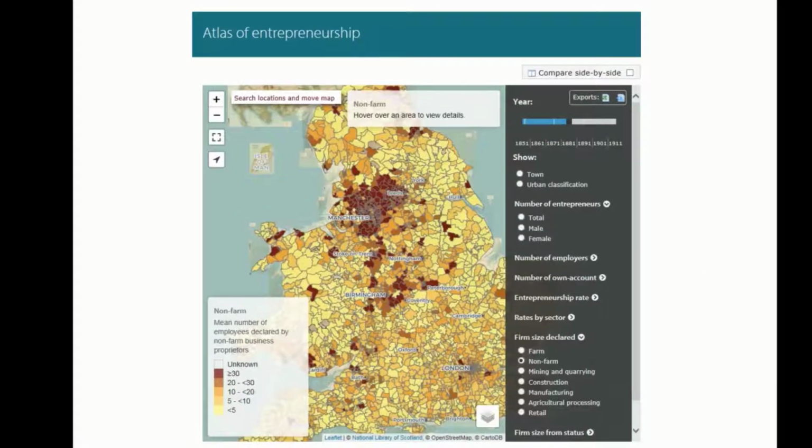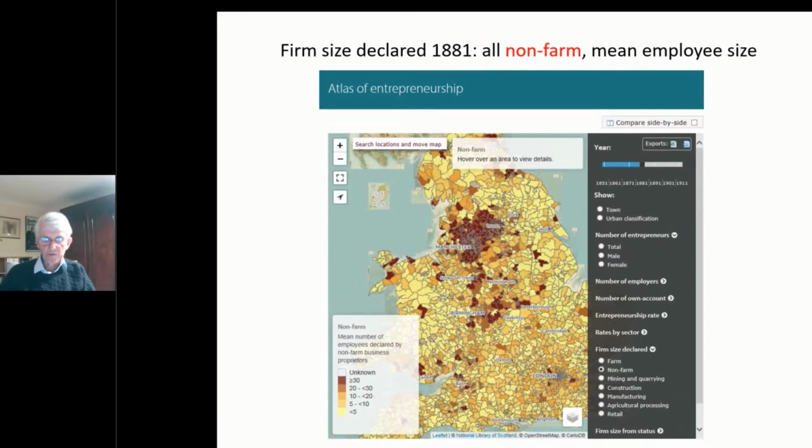Here's another map. This is non-farm, mean employee size for the firms we were looking at earlier. So this is the responses to the question where the employers in the early censuses said they employed 450 men, 100 boys, and so on.